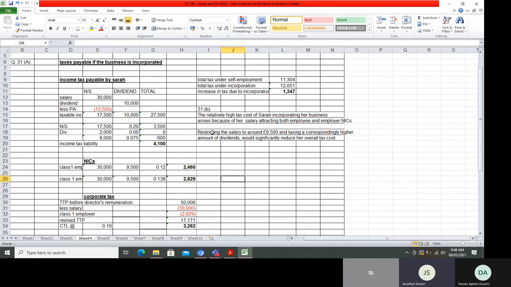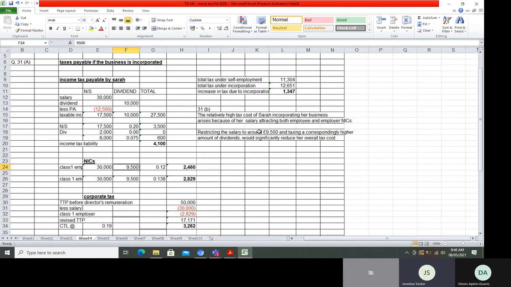Now, one way we can improve or reduce the tax under this option is that we can restrict the salary to 9,500. Don't forget, the lower limit for these two NICs is 9,500. So if our salary is not more than 9,500, in that case, there will be no NIC. If our salary is within the lower limit, or we take up to a maximum of 9,500, we have no NIC to pay.